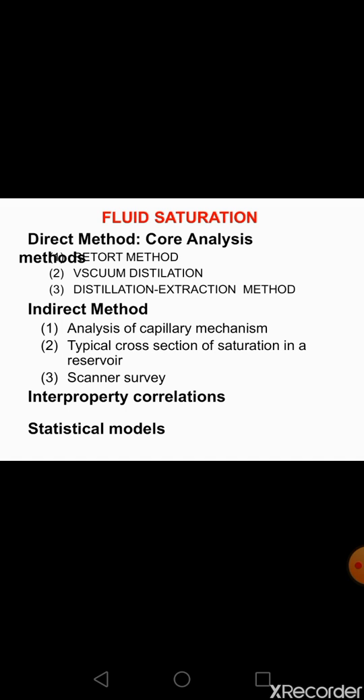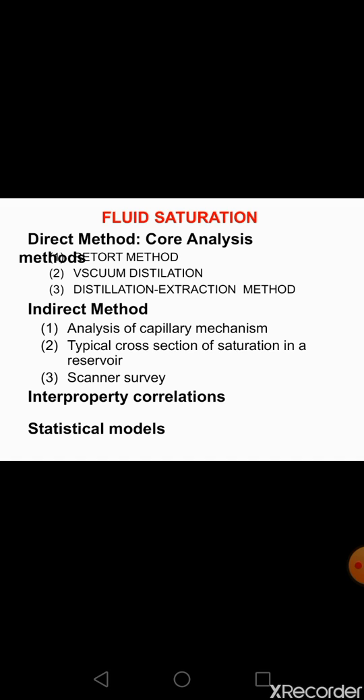Next is the indirect method. In indirect method, through capillary mechanism we will determine the fluid saturation. Means first the capillary activity in reservoir rock is analyzed and from that saturation is gained.